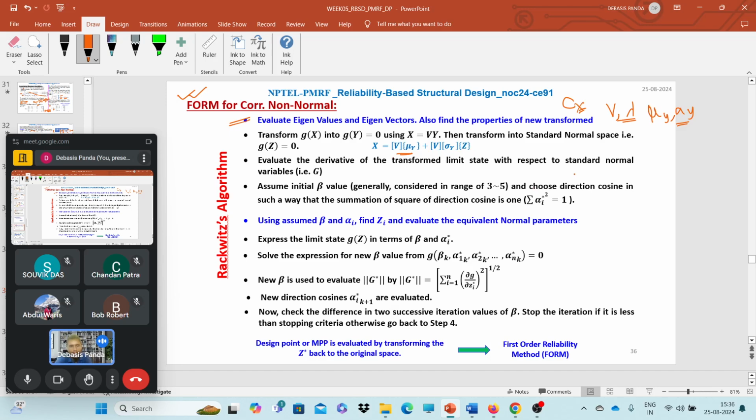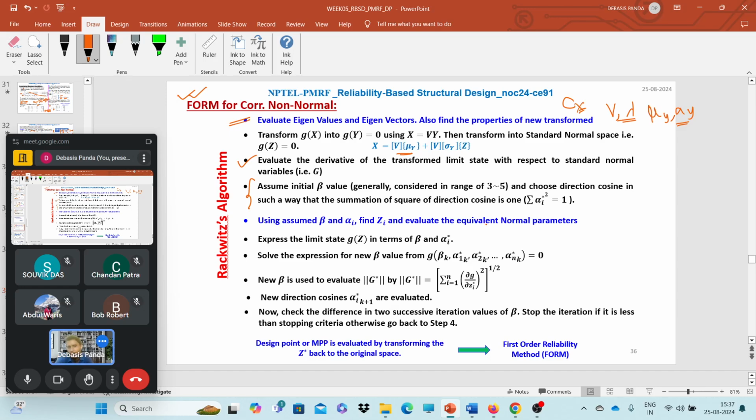Now once we have all the parameters in standard normal space, we need to evaluate the gradients of the limit state function to get the direction cosines. First, we assume some values of beta and alphas. Based on those, we check whether any non-normal variables are there.